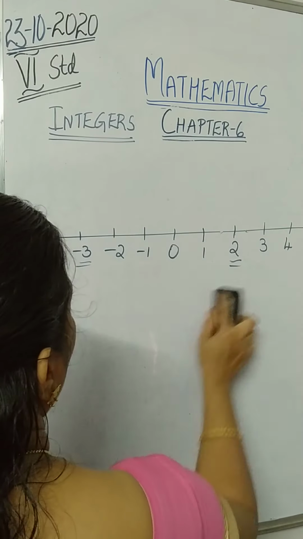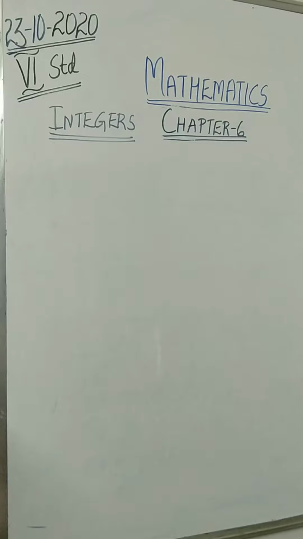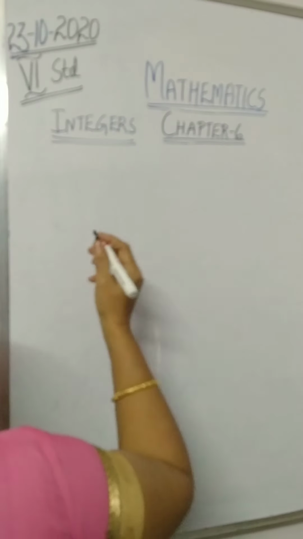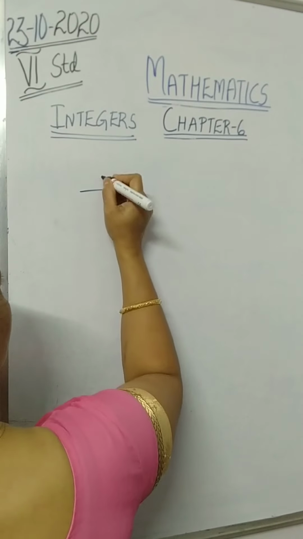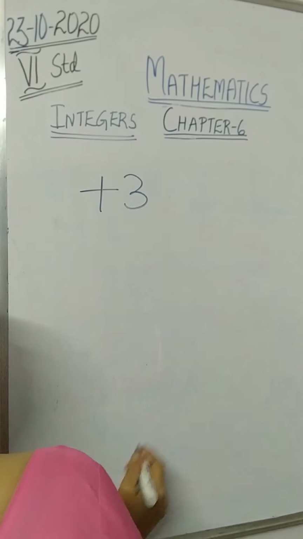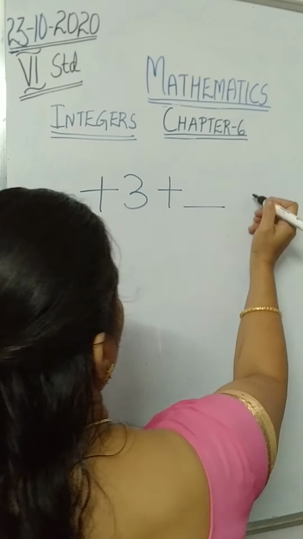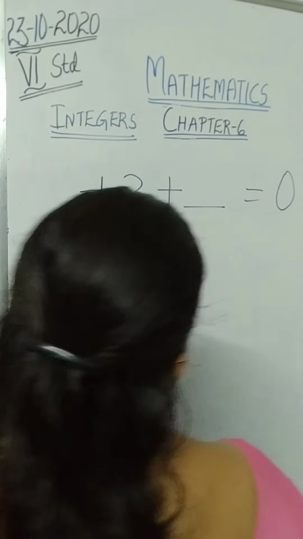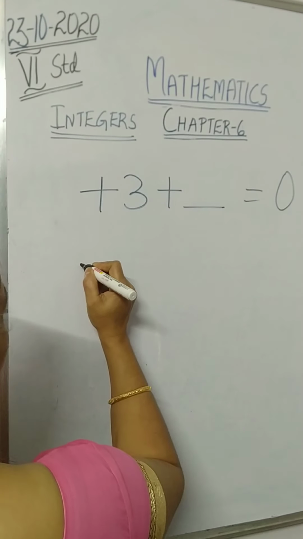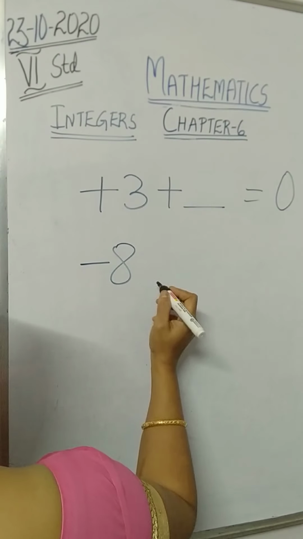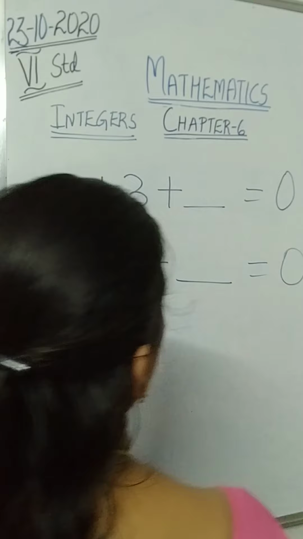Now, if an integer, we have negative integers and positive integers. Now, you take plus 3 is added to, it should be added to some number so that we get 0. Or you think a negative integer in the sense minus 8 we can take, is added to something so that we get 0.